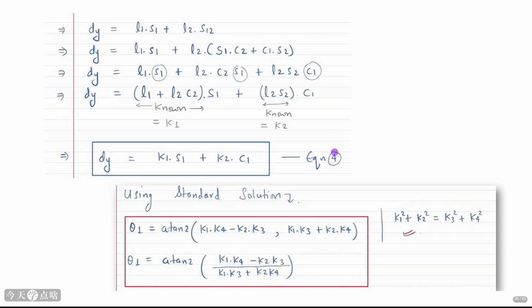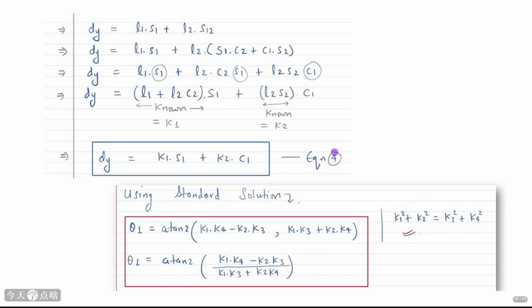Rearranging terms, we get dy equals sine of theta 1 times (L1 plus L2 times cosine of theta 2) plus cosine of theta 1 times L2 times sine of theta 2. Let's define Ks equals L1 plus L2 times cosine of theta 2. Then we have dy equals sine of theta 1 times Ks plus cosine of theta 1 times L2 times sine of theta 2.